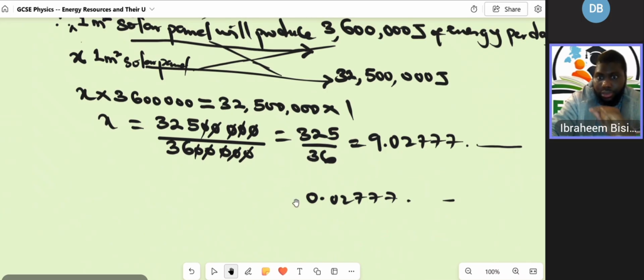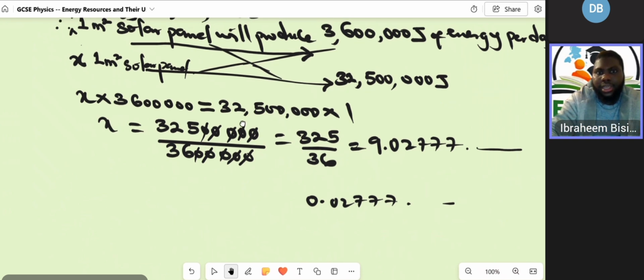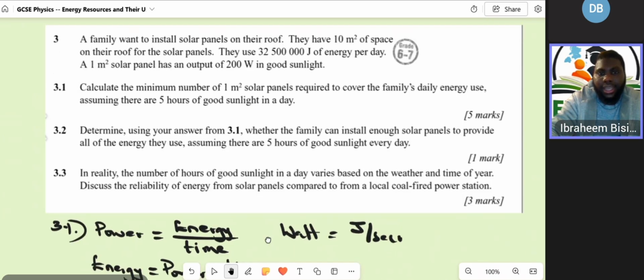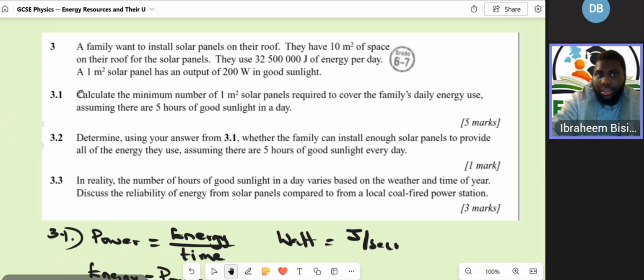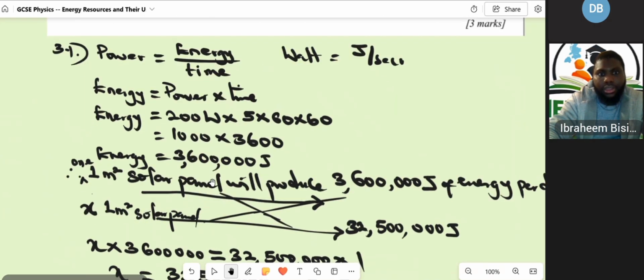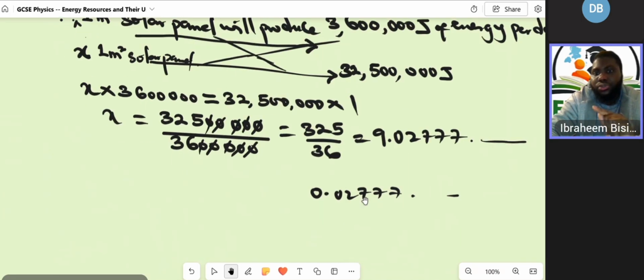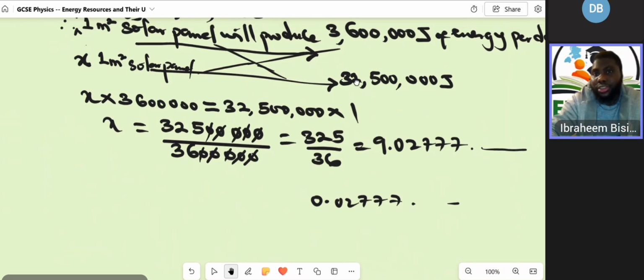So if you consider 0.0277 meter square and see the amount of energy that it will produce, if 1 meter square solar panel is producing 3,600,000 joules, then 0.027 meter square will also produce a huge amount of energy.